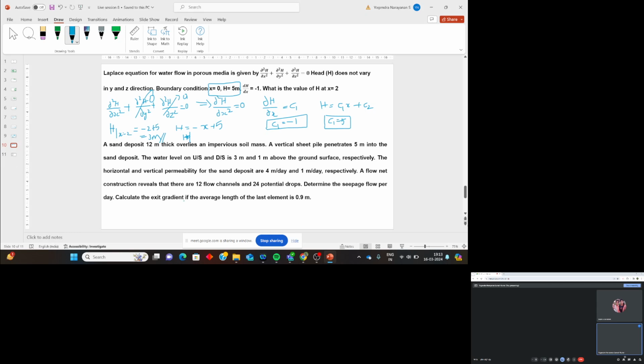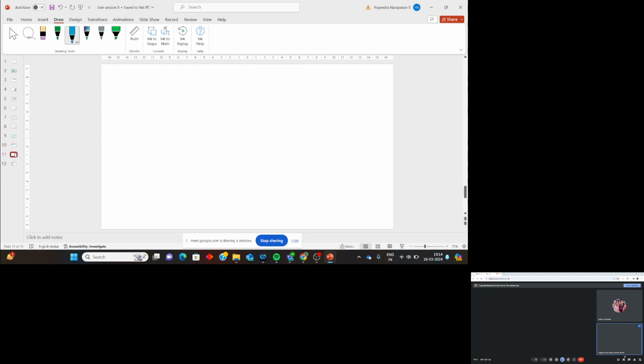Okay, sir. So the sand deposit, 12 meters thick, overlies an impervious soil mass. A vertical sheet pile penetrates 5 meters into the sand deposit. So this is the ground level. This is the impervious layer. This is 5 meters. And the sheet pile. Let me put it in a new slide.